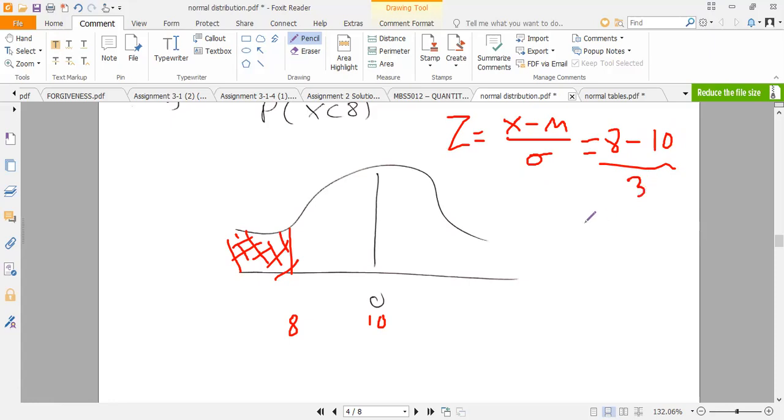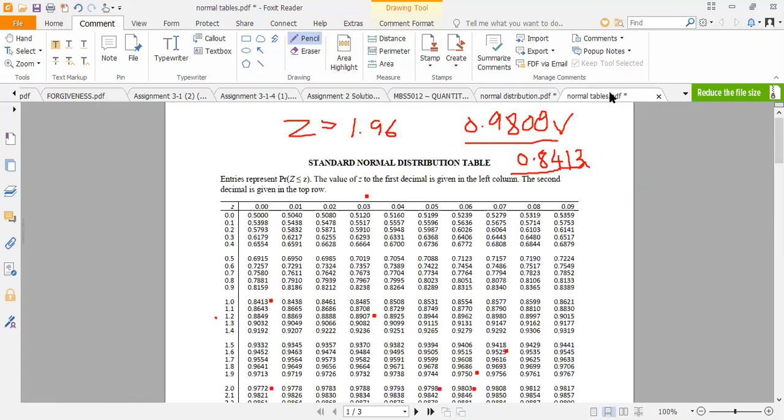What are we getting? It's negative 0.67. So negative 0.67 is equivalent to 8. Then what do we do? We read it.